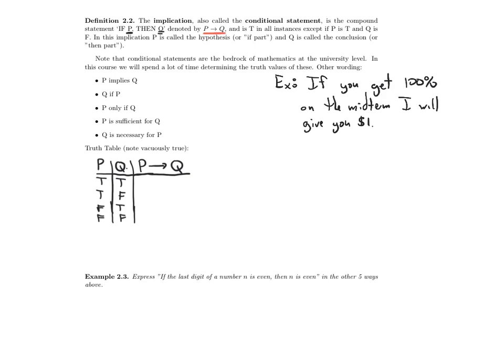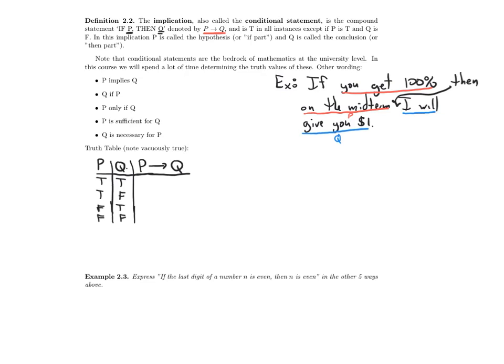Okay, so in this example here, the if part, the P, is getting 100% on the midterm. And the then part, which I should put the word then in here actually, then I will give you $1. Sometimes in English we don't use the word then all the time, but it's kind of implied. We'll try and make it as precise as possible in math, so we will say if and then. So there's our then part. We'll call that Q.